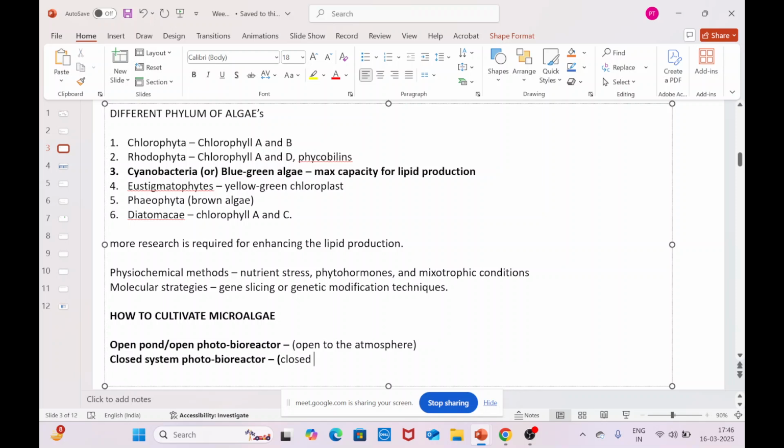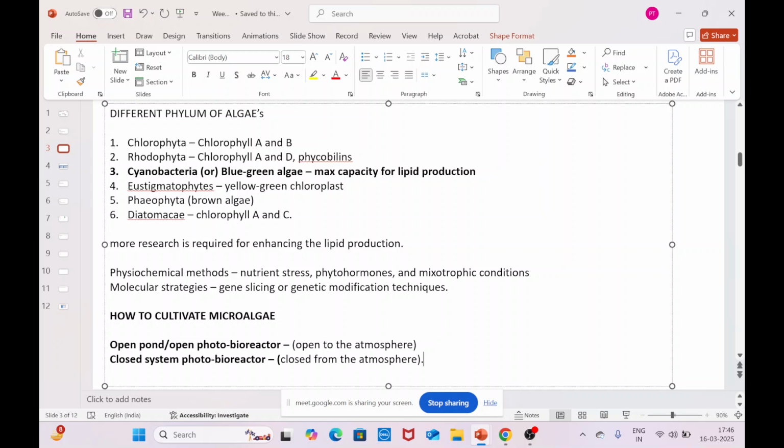Whether the cultivation of this microalgae happens with the intervention of the atmosphere, or it is closed from the atmosphere, basically remains the basis of this classification for the bioreactors for microalgae growth. So these are closed from the atmosphere, not exposed to it.